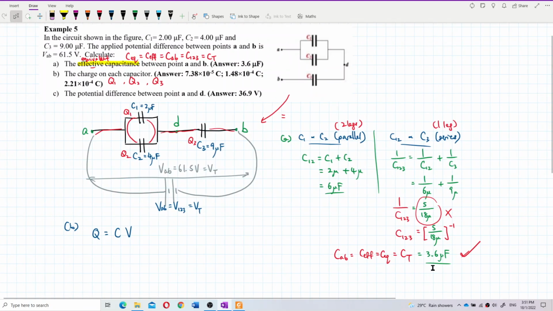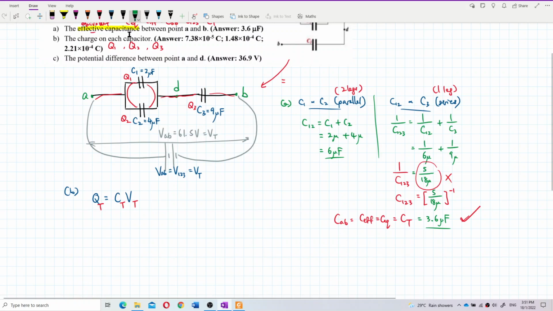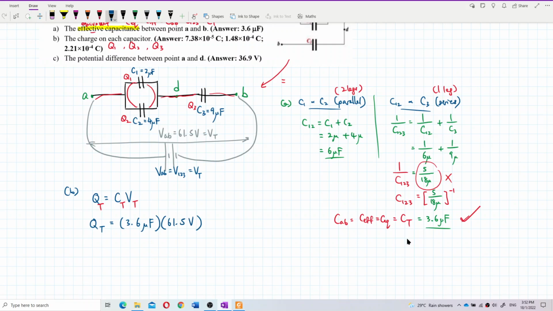I got the total capacitance already. Now I want to find the total charge. Total capacitance is 3.6 microfarad, and voltage is 61.5 volts.